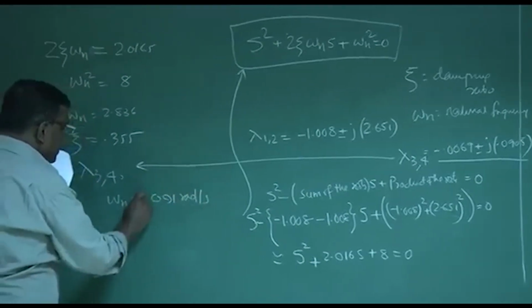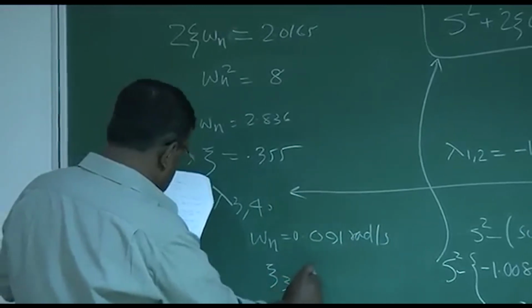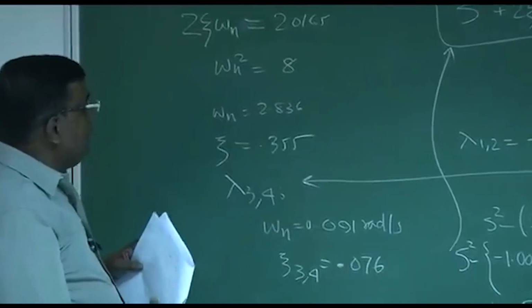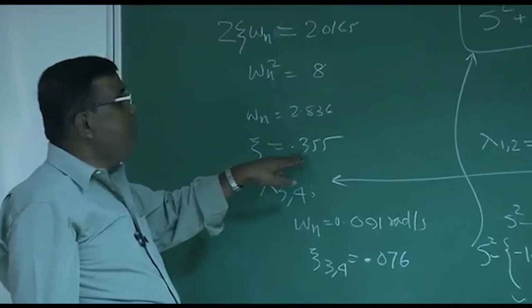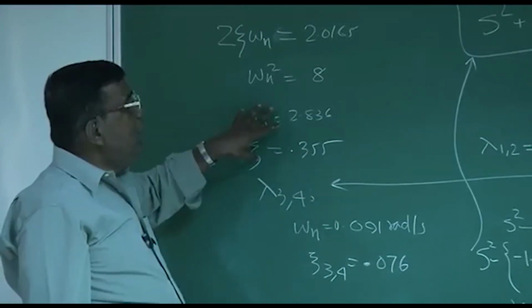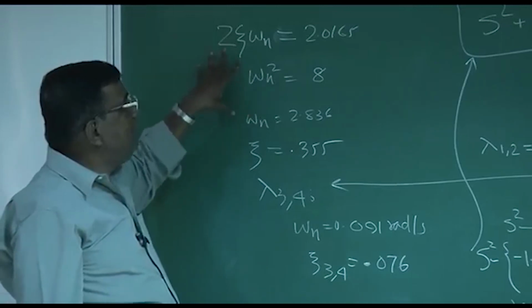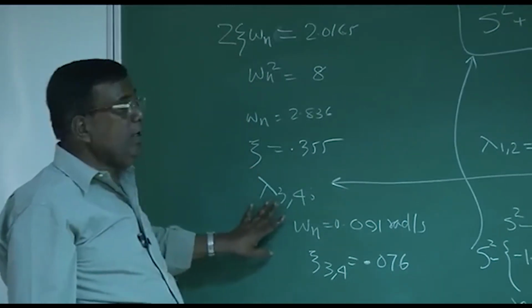You should solve it yourself, and you can expect one question in the exam of this nature. You could see that zeta is 0.076, but here it is 0.355. So this is highly damped compared to that. This is closer to a short period type excitation, and this is like a Fugoid type.